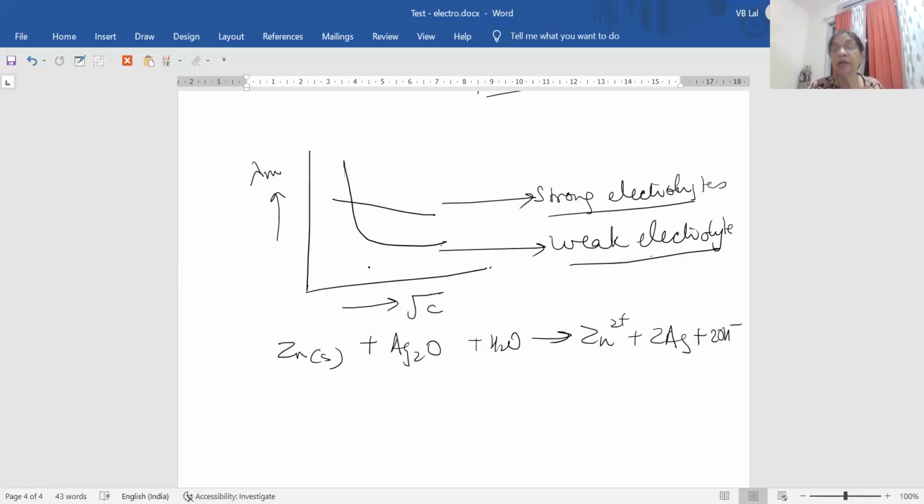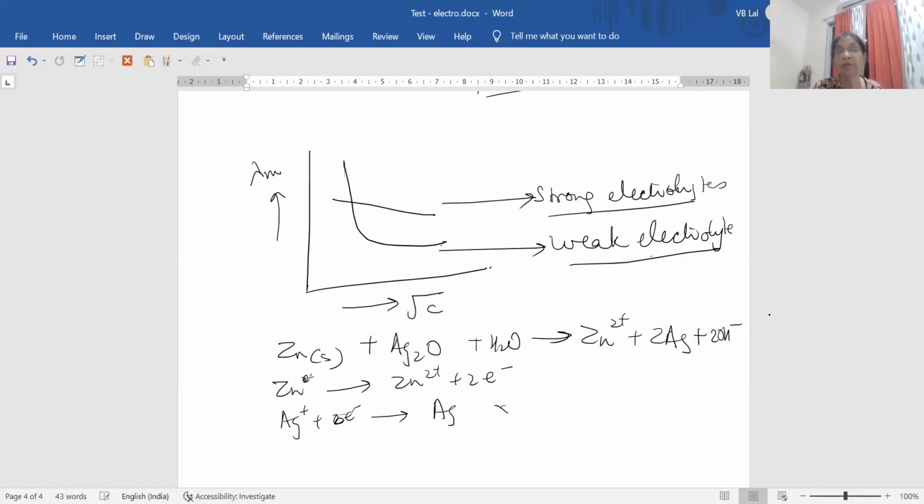So how will you write the cell reaction? Zn changing to Zn2+ plus 2e minus. You can simplify it. And here, what is the oxidation state of silver? Ag plus. So Ag plus plus e minus is giving Ag.